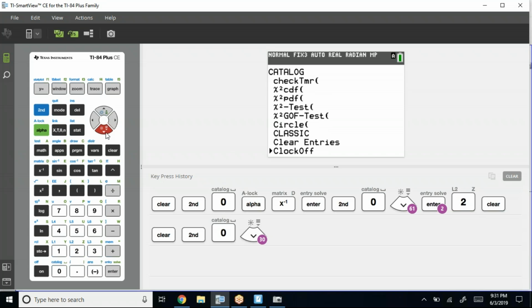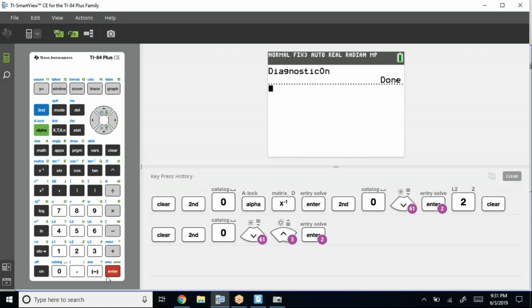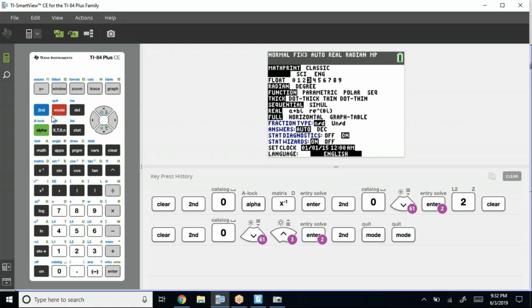Oh, yeah, I know another way. Let me show you this just in case you don't have what I'm about to show you. All right, so second 0 turns to catalog, and you've got to go to diagnostic on, hit enter, and when you do that, it'll give you R and R squared. You really want R. But if you have an 84, you may even do it on an 83 too.